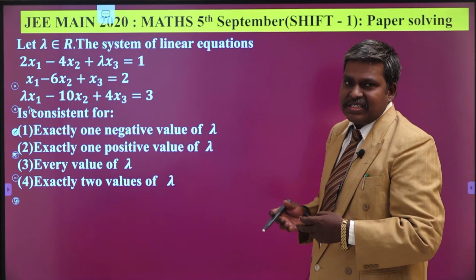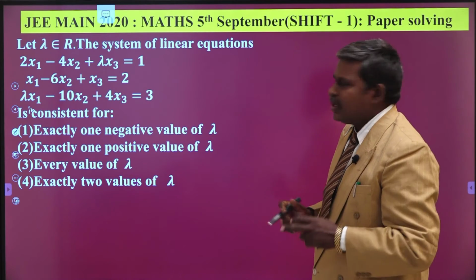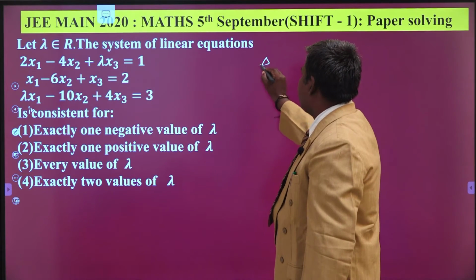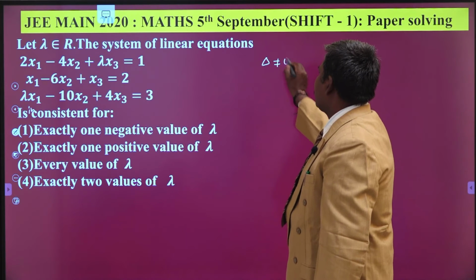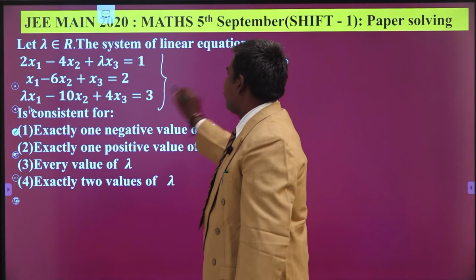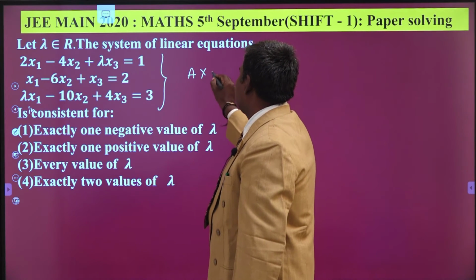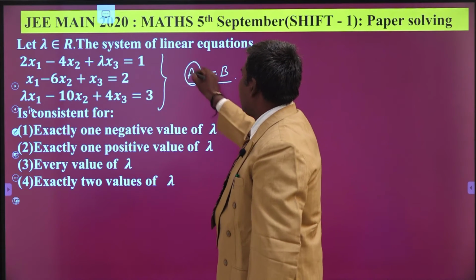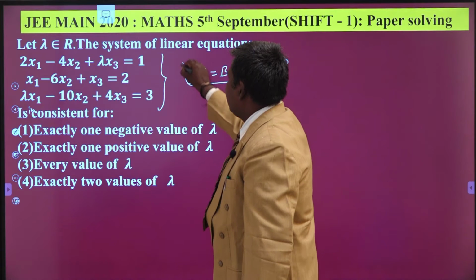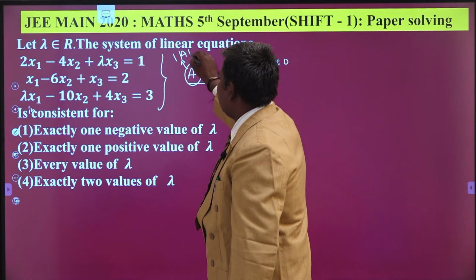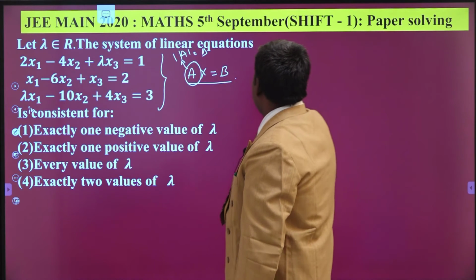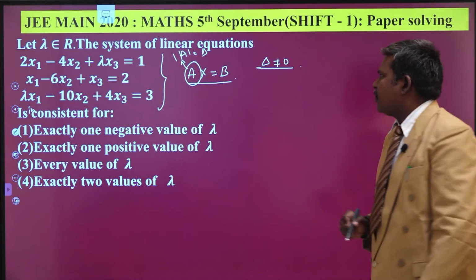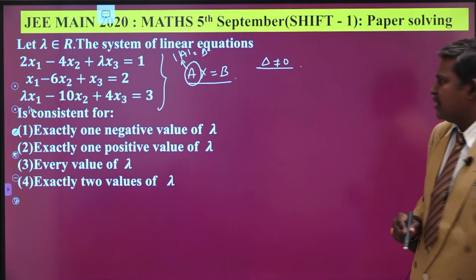These three equations have a unique solution if the determinant of the coefficient matrix is not equal to 0. Suppose the system of equations is AX equal to B. This is the matrix A, and its determinant is some delta. If delta is not equal to 0, we say that it has a unique solution.